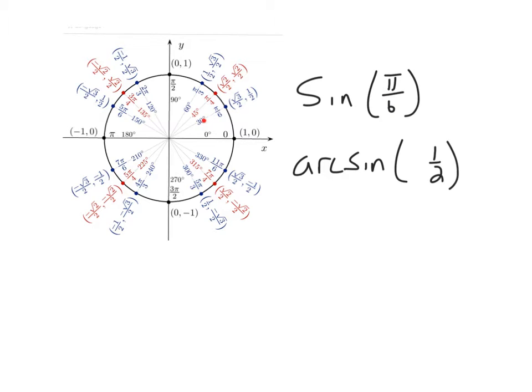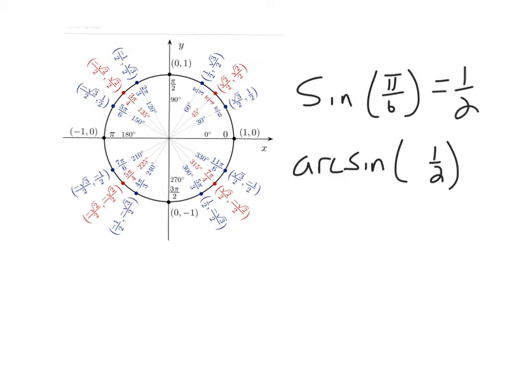Well, pi over 6 is the same as 30 degrees, and if this is the unit circle and this is 1, we know that x over 1 will be the cosine, right? Adjacent over hypotenuse will be cosine, and y over hypotenuse will be sine, so the x value is the cosine, the y value is the sine. So what's the sine of pi over 6? Well, it works out that it's 1/2.